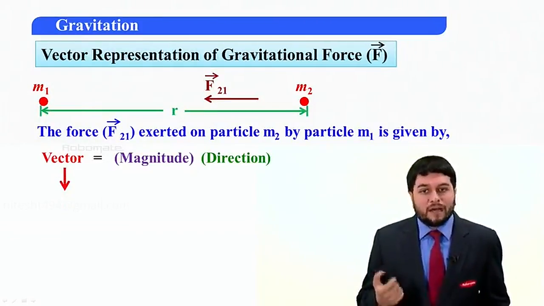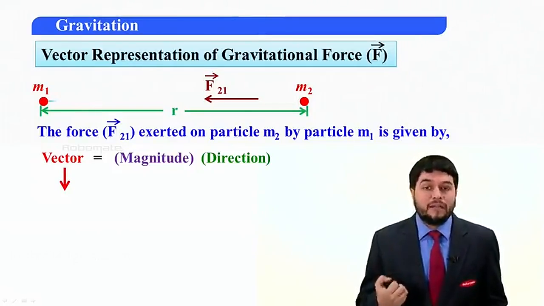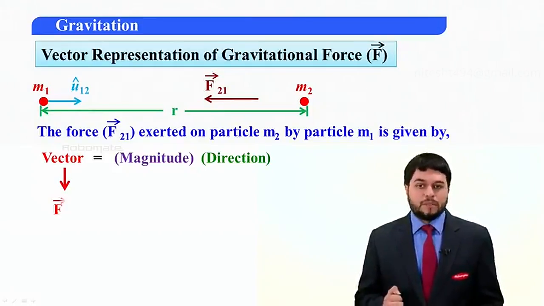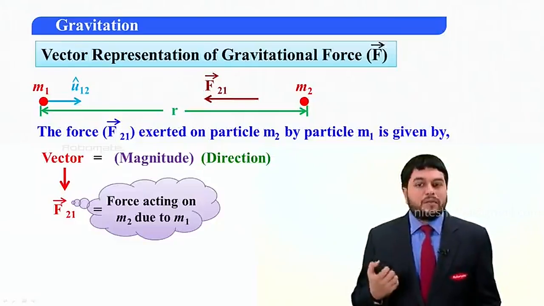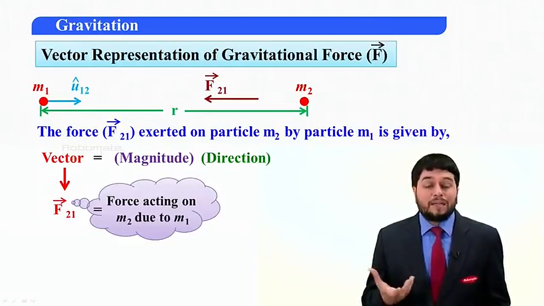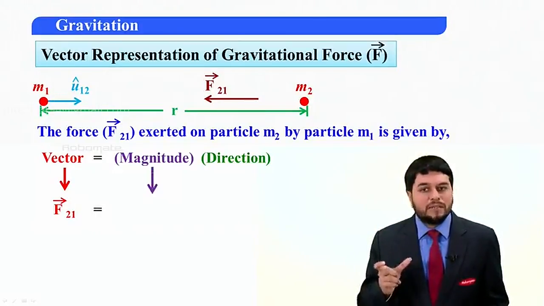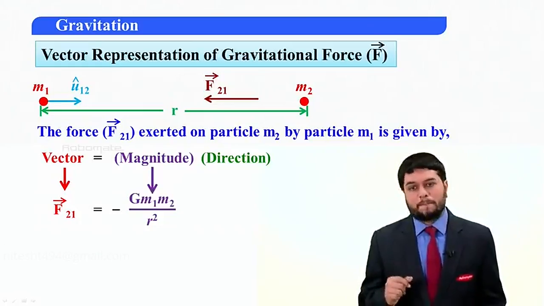In this case, our vector is F bar 21, which is nothing but the force exerted on the particle m2 by the particle m1. So F bar 21 is equal to, now what will be the value of the magnitude of this force? According to Newton's law, the magnitude is G m1 m2 upon r square.